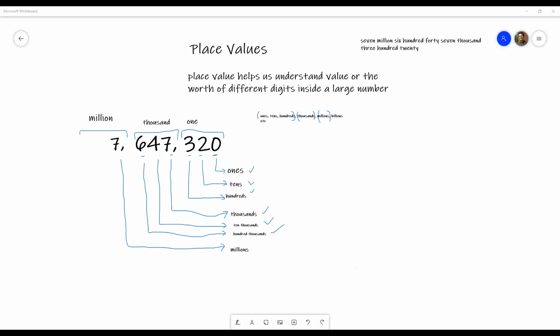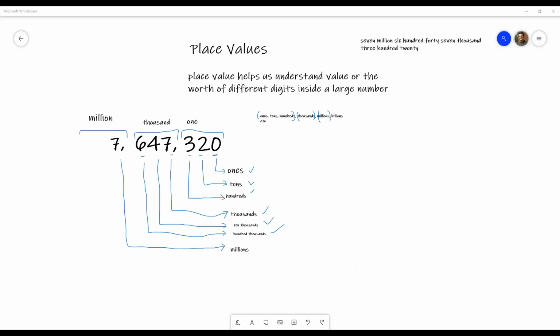So let me see if I got one PDF and I can find it for you. Here, place value. Yeah, there's one. I found it.